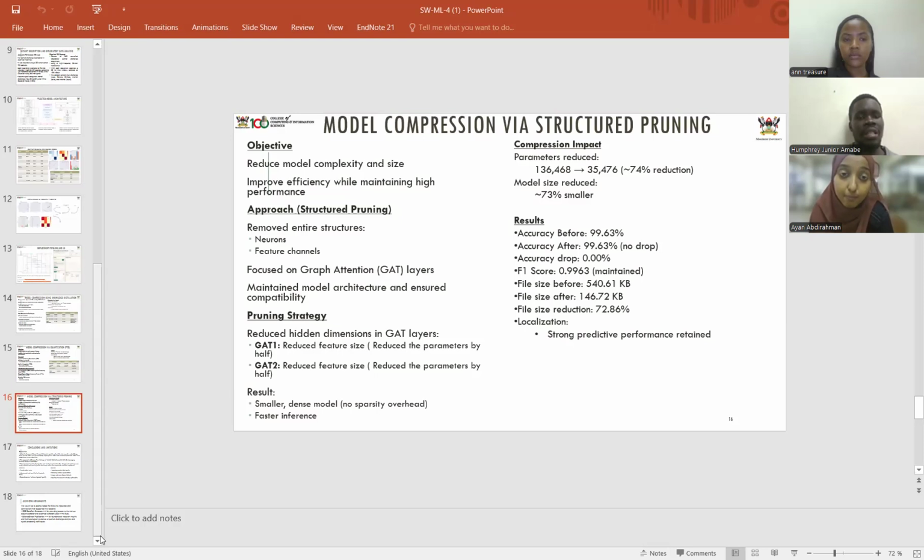The file size before was 540.61 KB, and after reducing, the size became 142.72 KB. The size definitely reduced, but the accuracy remained the same. So structured pruning here tells us that our model has been reduced in size, but its accuracy has remained the same. Next slide, please.